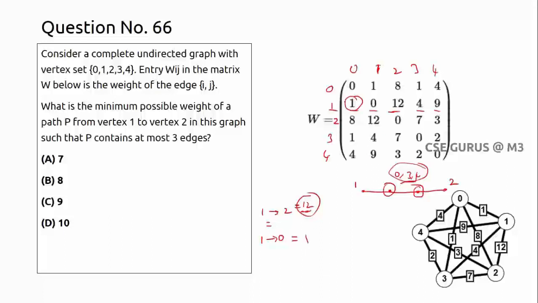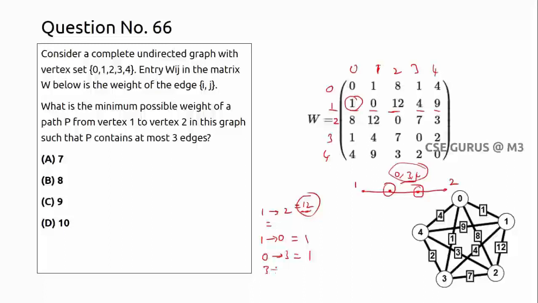That is a minimum value, the best one I can get first. So from 0, I have only 2 options, 3 and 4. I can take either 3 or 4. 3 is the minimum I can take. If I take 3 here, 0 to 3, I'll get 1.